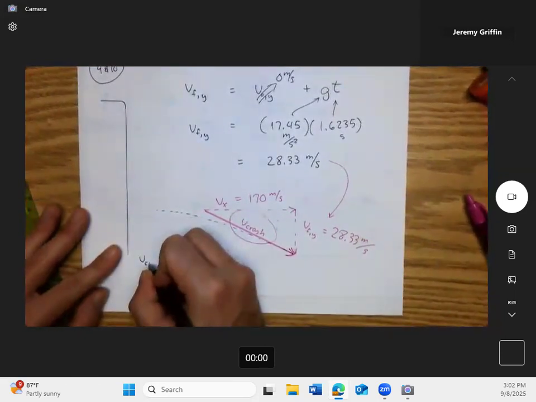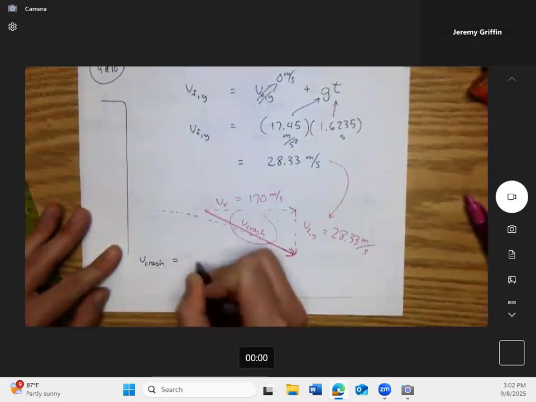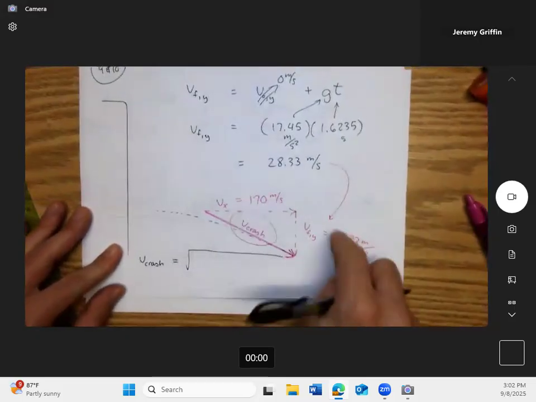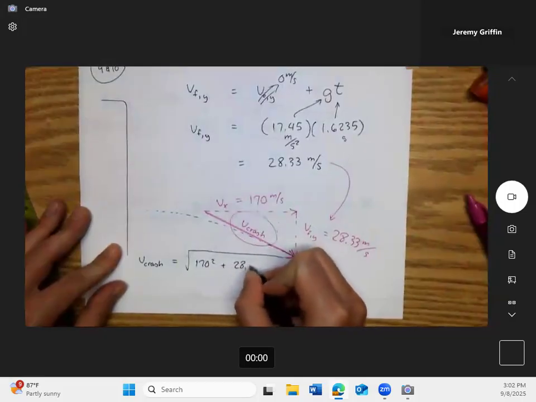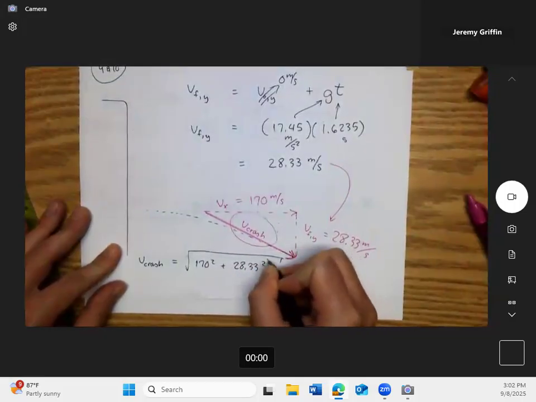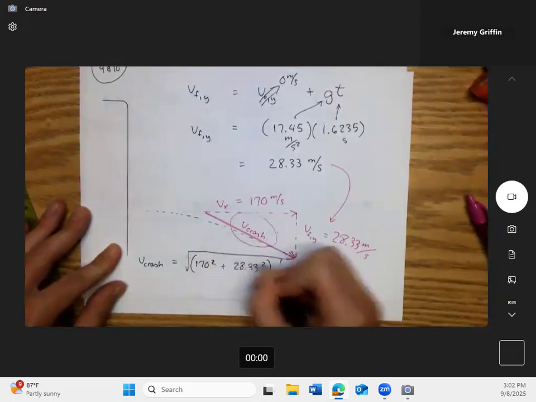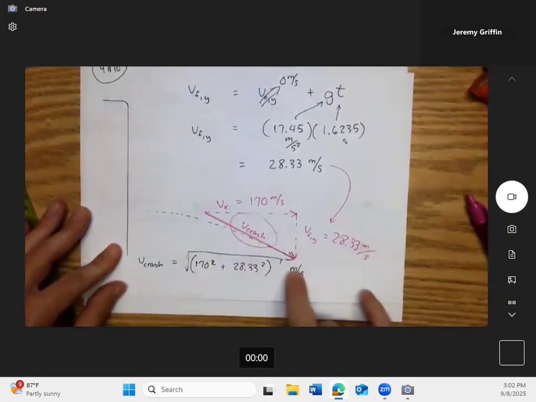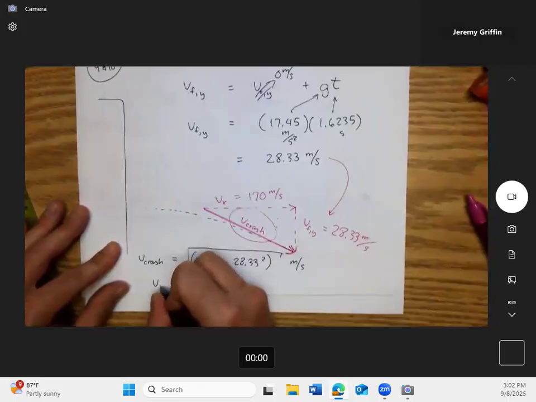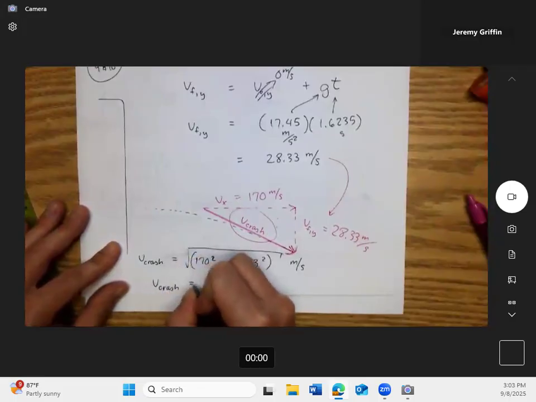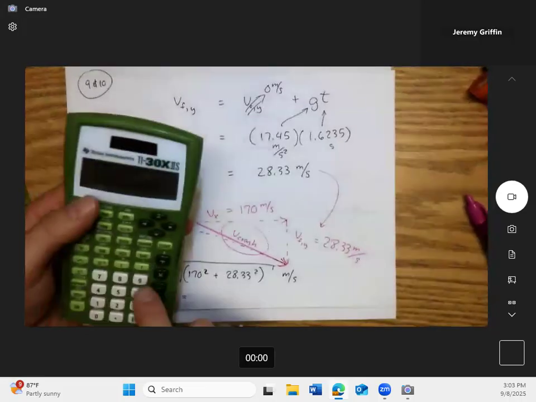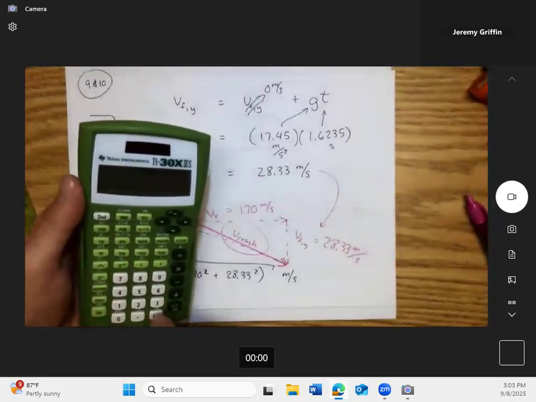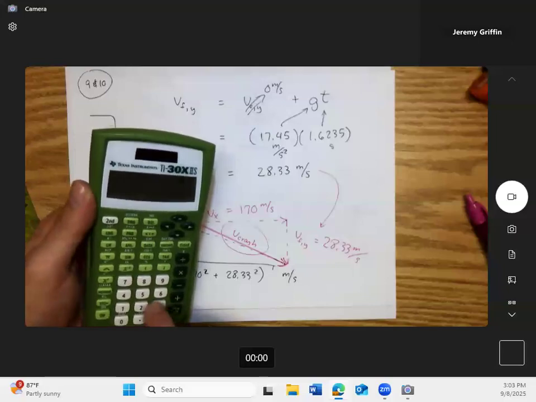I'll say v crash equals the square root of a squared plus b squared, 170 squared plus 28.33 squared, all in parentheses. And this would be meters per second. I pulled the unit out, meters per second. And I should be getting an answer choice on the paper, or I'm about to find out. What's the square root of that squared plus that squared?